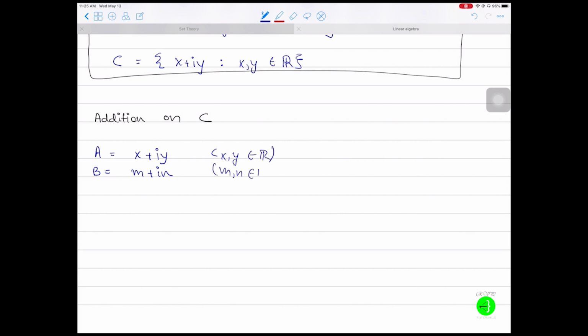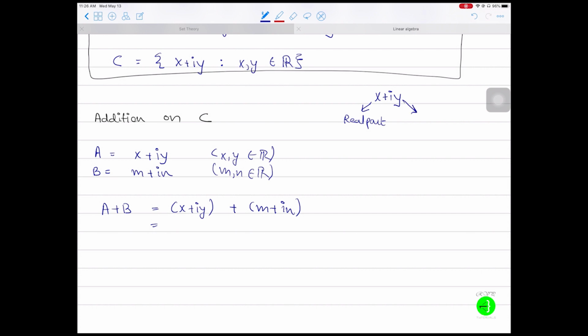Then the addition of these two complex numbers, A plus B, would be x plus iota y plus m plus iota n. And now I forgot to mention one thing, I'll give a quick brief. Whenever we write the complex number x plus iy, then x always denotes the real part of the complex number and y is always the imaginary part.